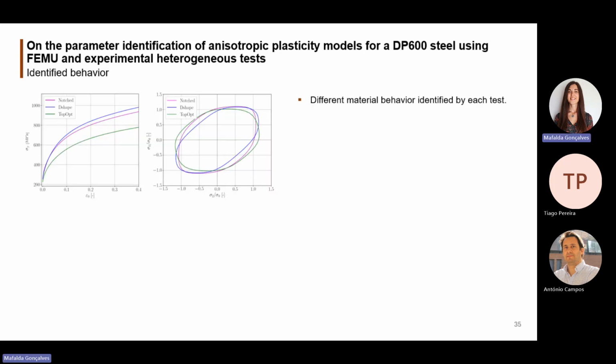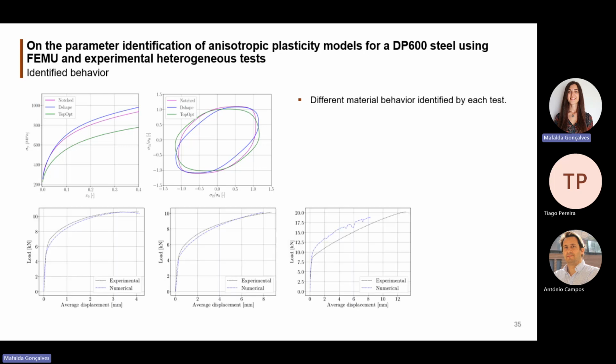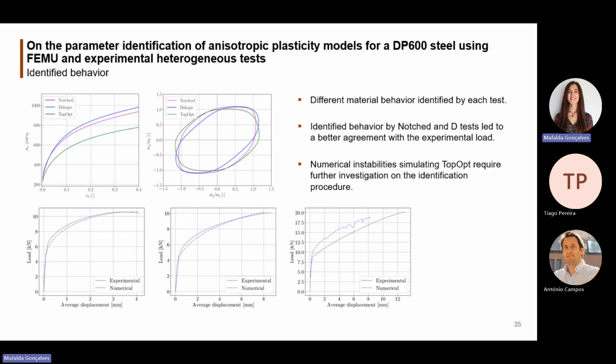You can see that a different material behavior was identified by each test, mainly due to a different and insufficient quantity of data generated by each test. And when analyzing the comparison between the experimental and numerical loads, we can see that a better agreement is provided by the notch and the other shapes, and some numerical instabilities when simulating the top-up require further investigation in the identification procedure.